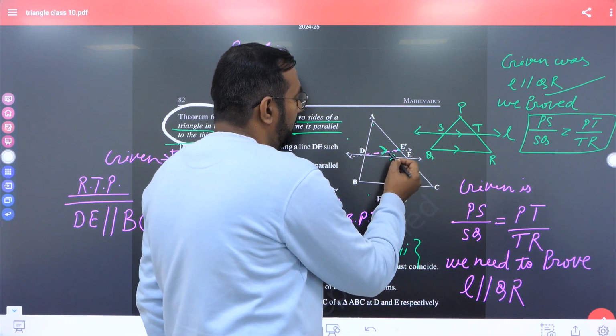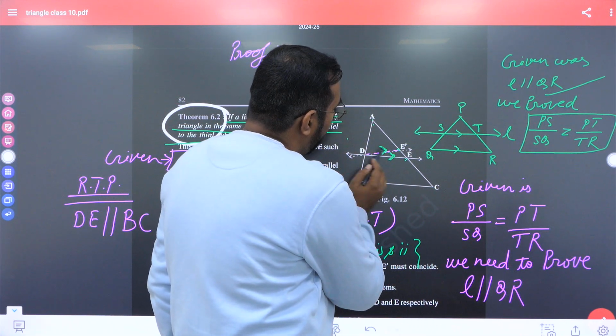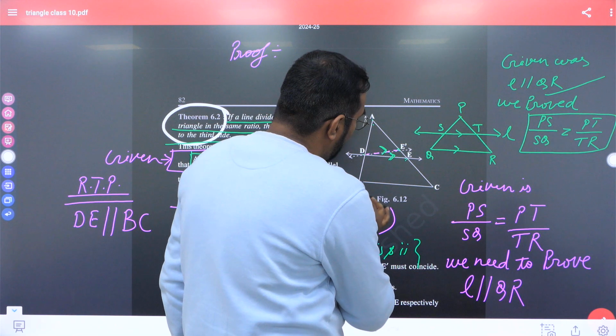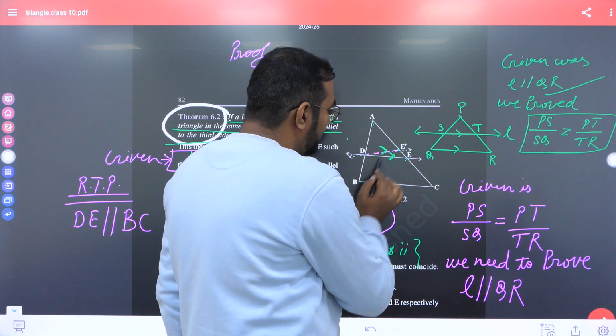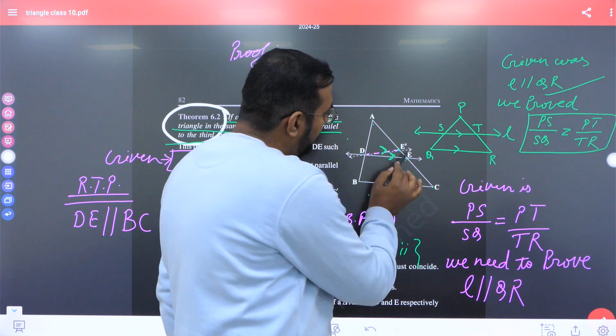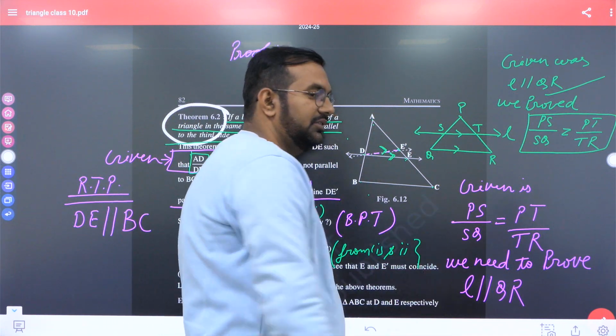Here we need to say only that DE is parallel to BC. Why? Because we have assumed that DE dash is parallel to BC and E dash and E are coinciding. That's why DE is also parallel to BC.